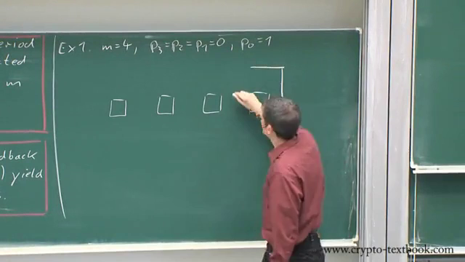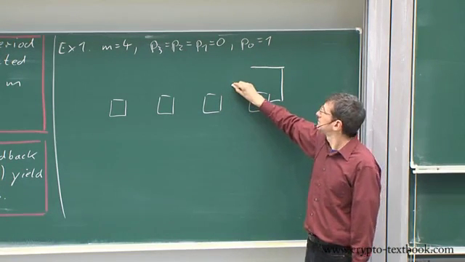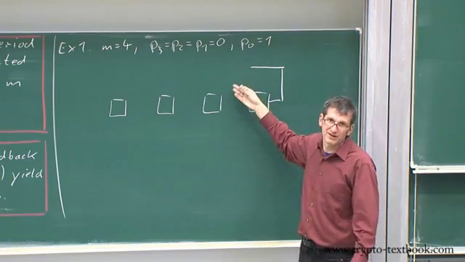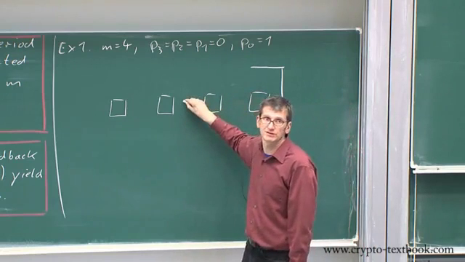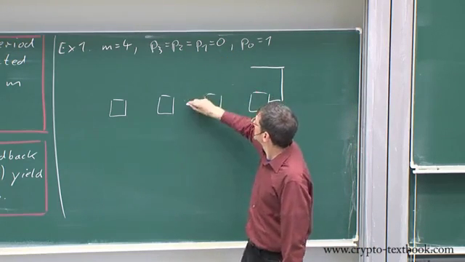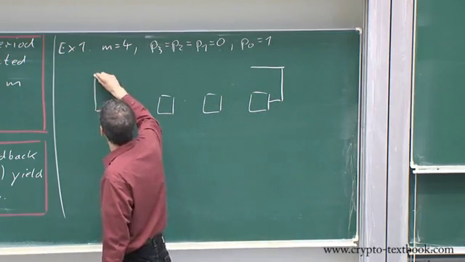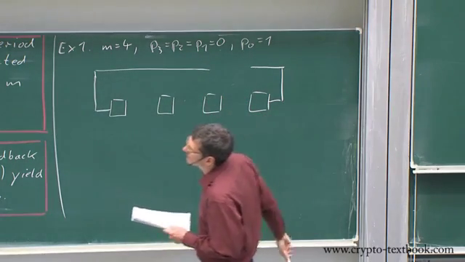Okay. What about the next one? Is it open or closed? This is P1. It's open, right? And I don't even have to draw it here, right? I don't have to draw an open switch. What about P2? Open or closed? Open. P3? Open. Okay. Oh, I'm sorry, I was off here.